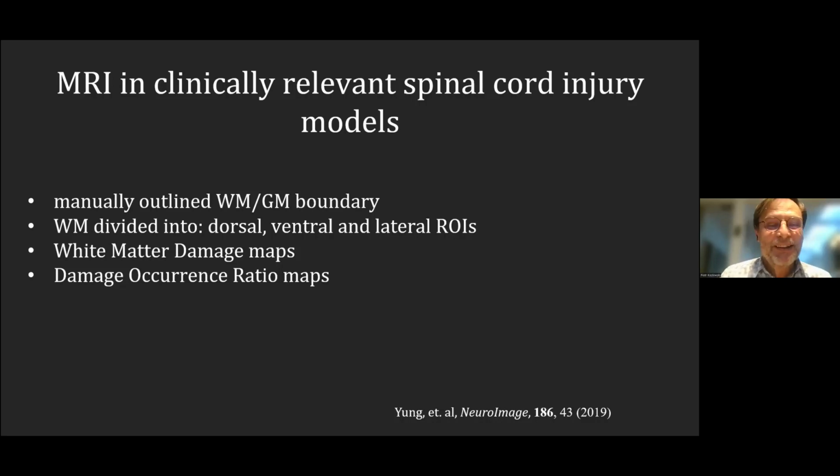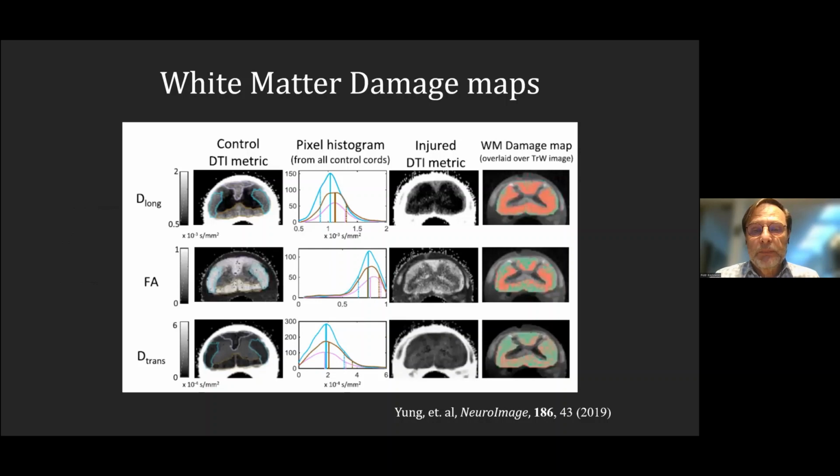Now, in order to analyze this data, we came up, or I should say the MGU, who will be speaking later on, came up with this idea of looking at the white matter damage maps and the damage occurrence ratio maps. The white matter damage maps were generated by looking at the histogram of the control pixels from the control cohorts, and taking the value, the median plus or minus one standard deviation.